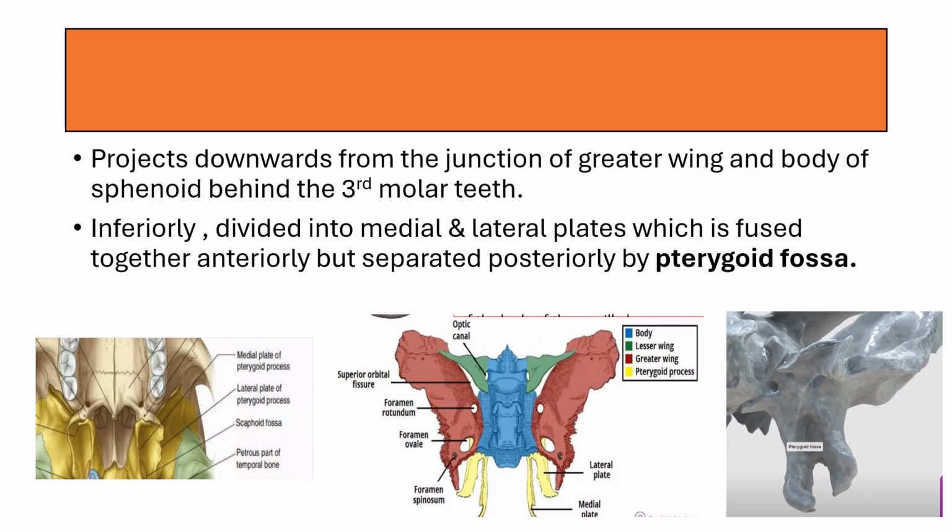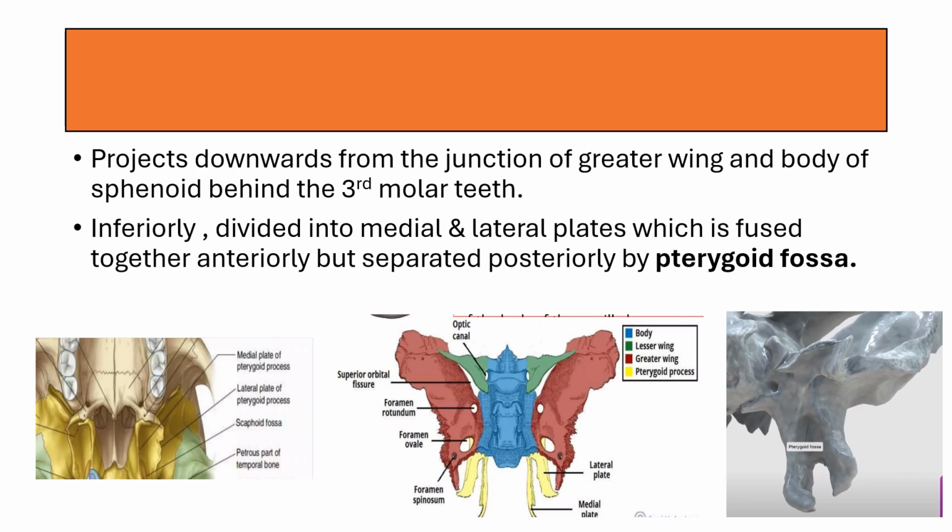So where these two structures meet, that is the greater wing and the body of the sphenoid, behind the third molar teeth, that is the place from where the pterygoid process projects downwards.